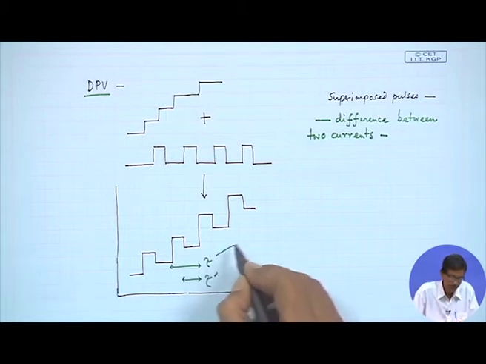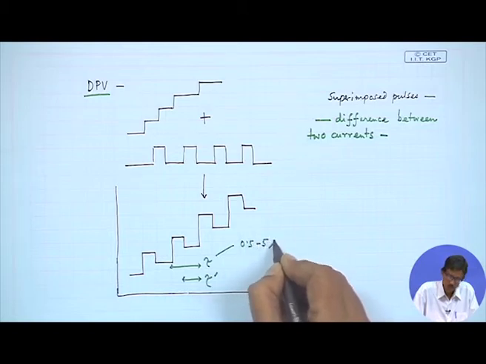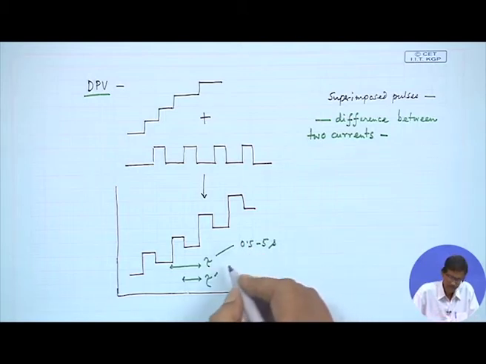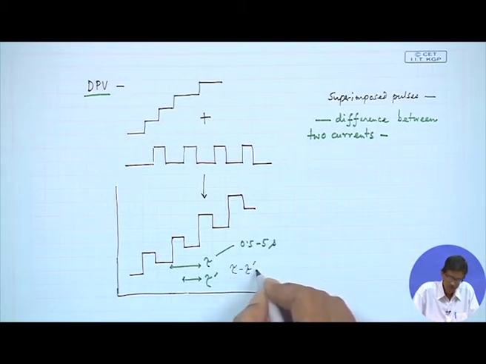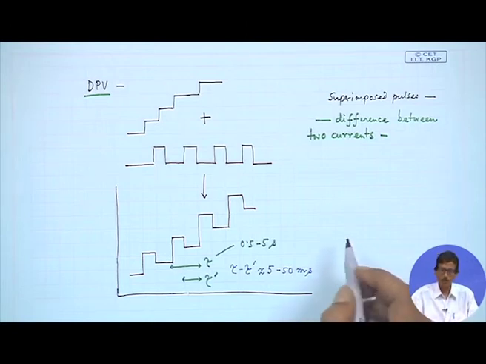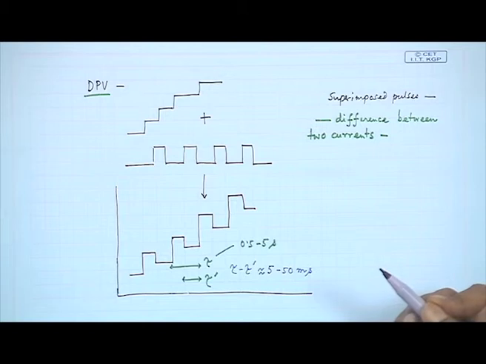Tau can range from 0.5 to 5 seconds, and your tau minus tau prime would be in the range of 5 to 50 milliseconds. These time frames are very important, in terms of how short or long the durations are that you utilize for generating those pulses.